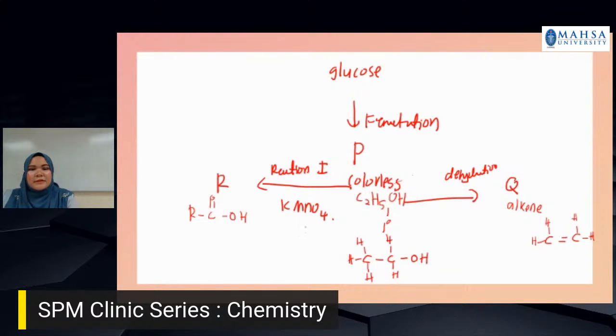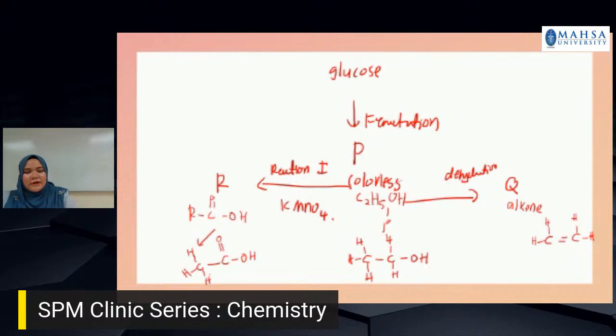And then since oxidation of primary alcohol will produce carboxylic acid, when you draw the structure, you need to make sure your structure for compound R contains C double bond O, OH.